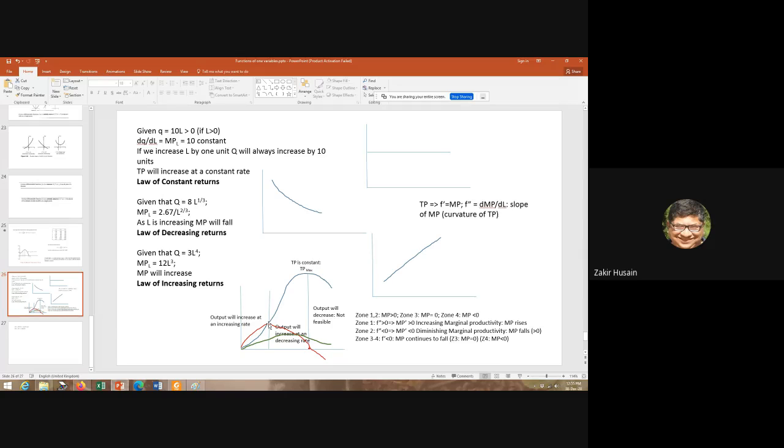So this is the point of inflection, where the total product curve stops being convex and becomes concave, just at a switching point.